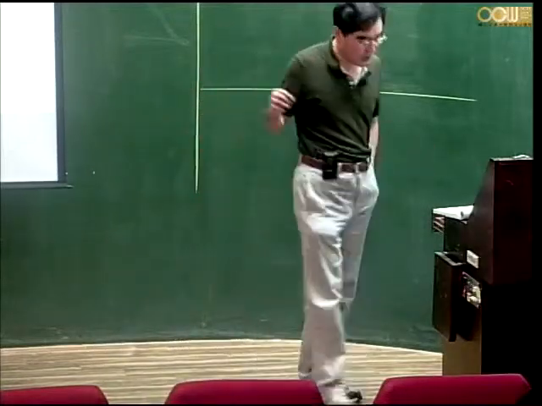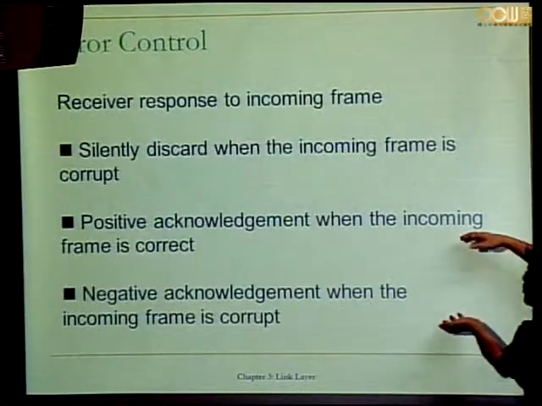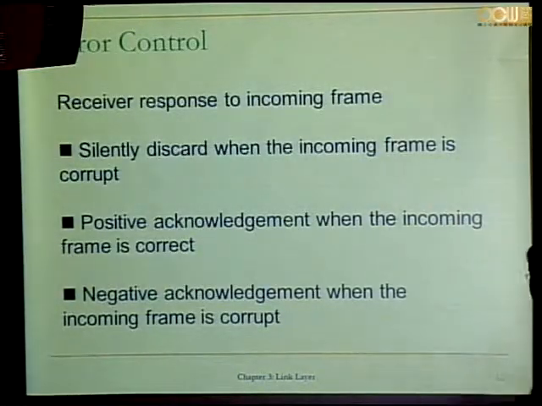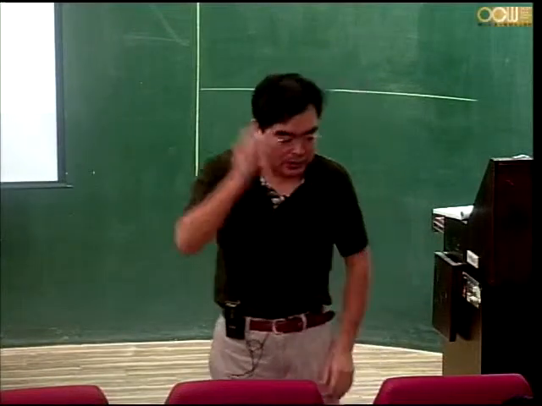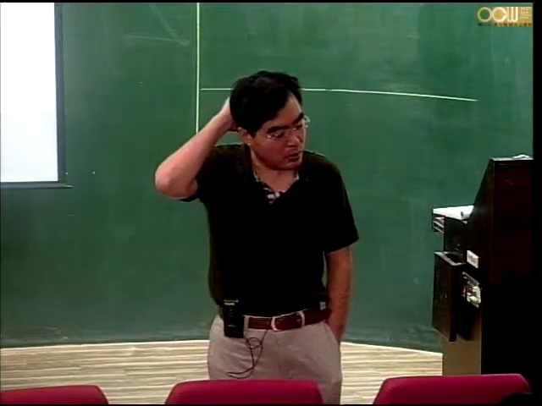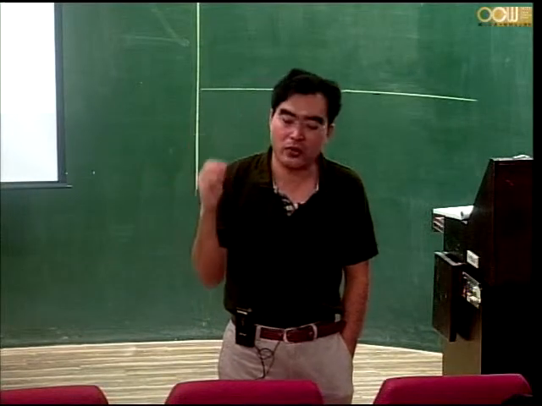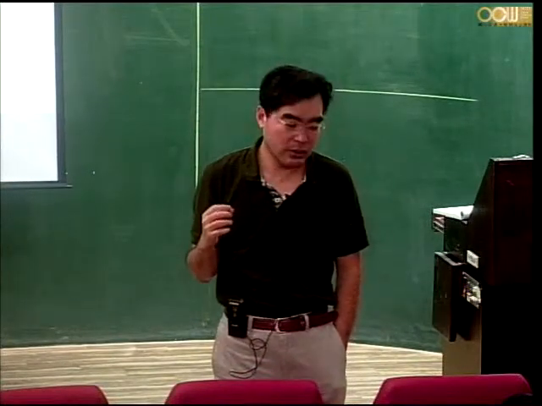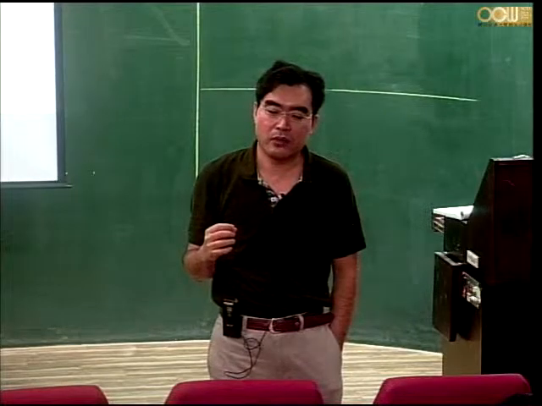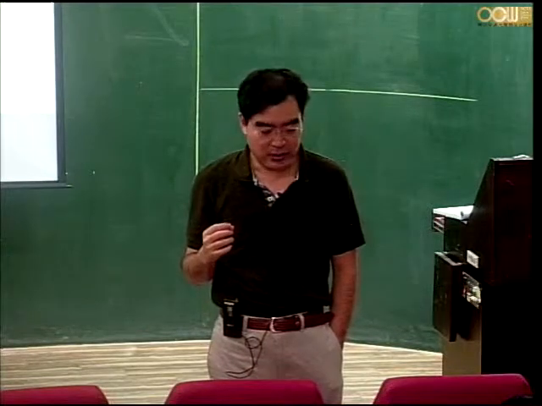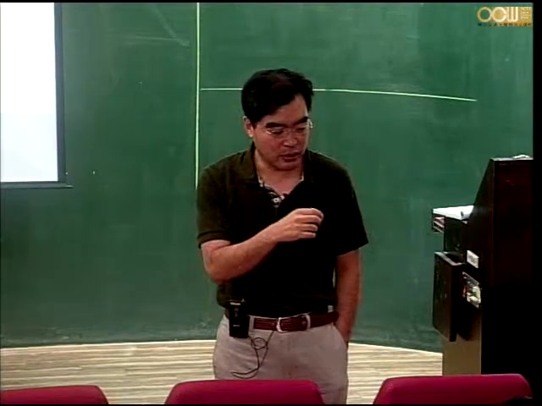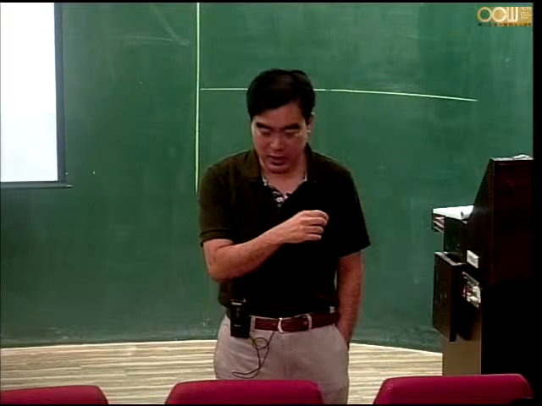And PPP and HDLC use this too, but for PPP, it is simplified. Then why did PPP simplify the error control compared to HDLC? The same reason: the chance of error is less in the environment that PPP is used, compared to the old days when HDLC was designed.